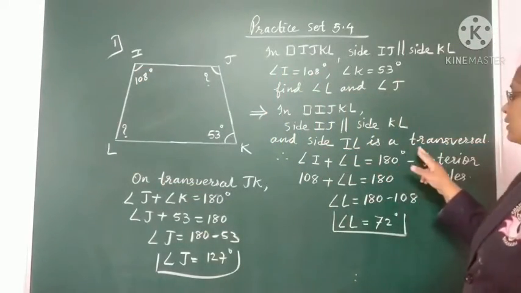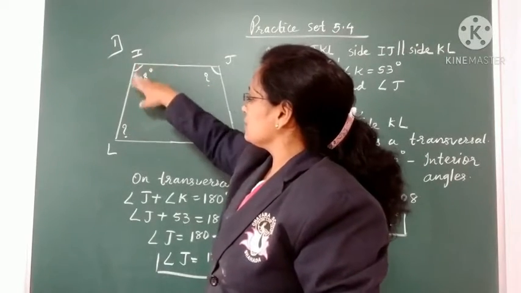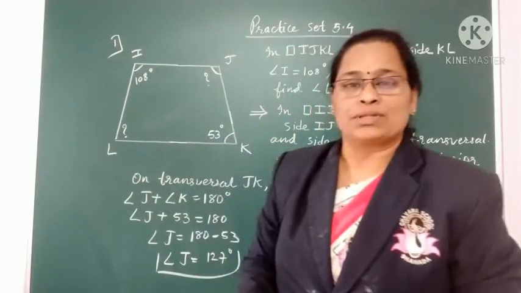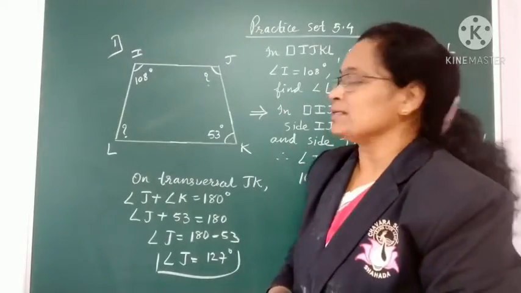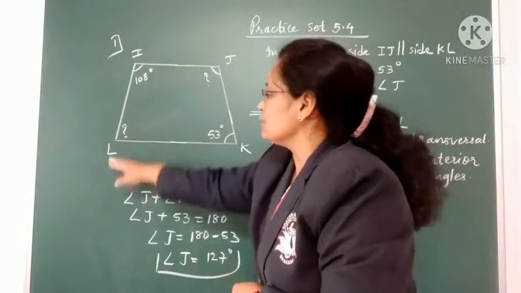If we take IL as a transversal here, then angle I plus angle L are adjacent angles, or we can say interior angles, because they are formed by the parallel sides and the transversal.